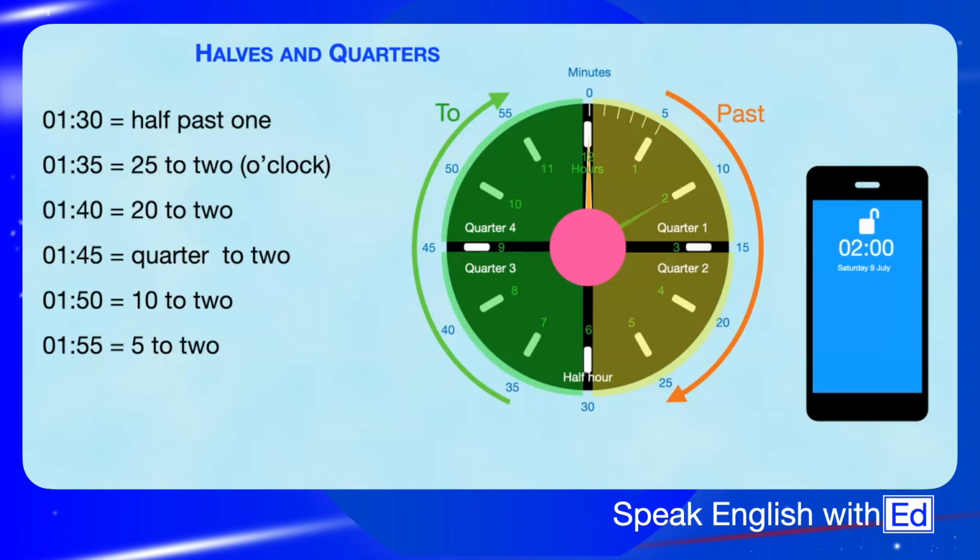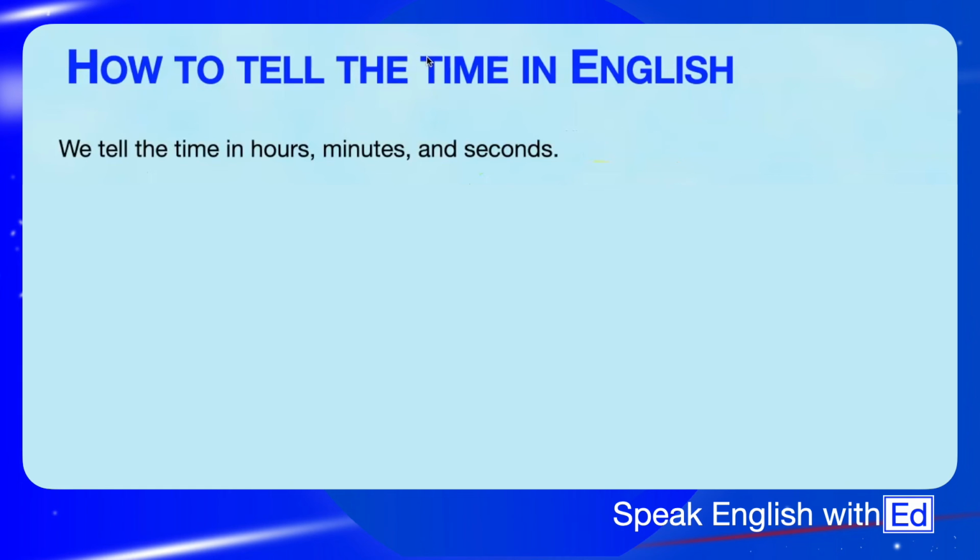But this is how people will tell you if you ask them the time in English. Of course, you can say it's 1:45, and when it gets to 10 you can say it's 1:50. But this is the common way. You need to understand this, because this is how people will tell you the time in English. At the top of the hour is always o'clock, so this is 2 o'clock.